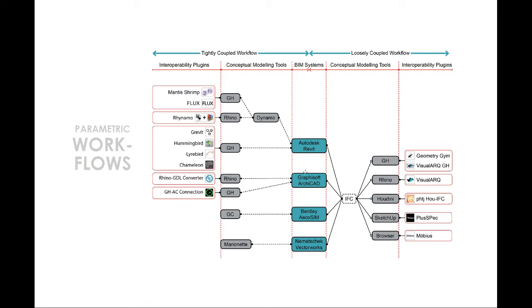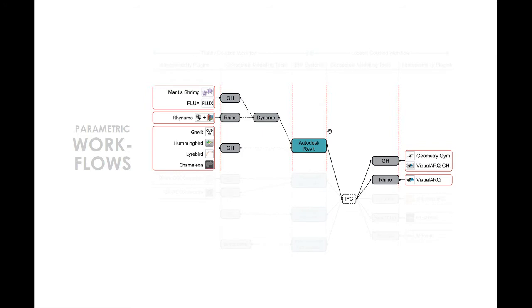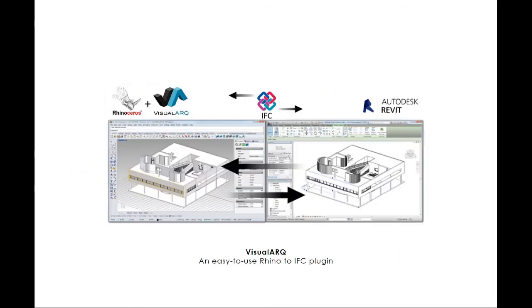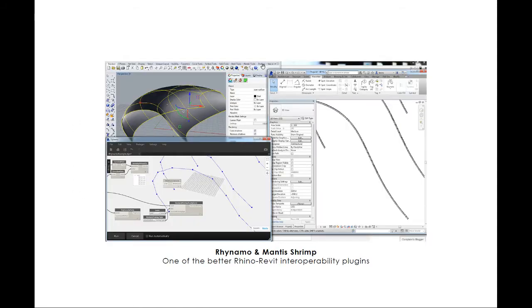But at the same time, a lot of people still prefer to use both, or Grasshopper and Revit, and go in between. So there's a lot of workflows defined, and specifically for Grasshopper and Rhino, as you can see here, there are lots of different tools that you can use, and you can have a good relationship between Rhino and Revit, Grasshopper, and Dynamo at the same time.